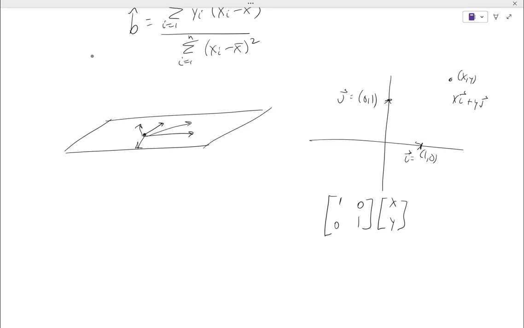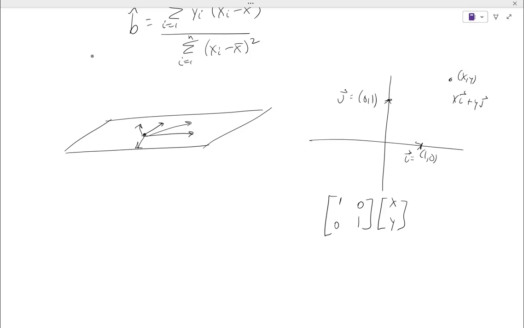Okay. So, to use some linear algebra language, this is a linear combination of i and j. Linear combination just means we're doing a constant times a vector plus a constant times another vector, and so on down the line. This is a linear combination of i and j.